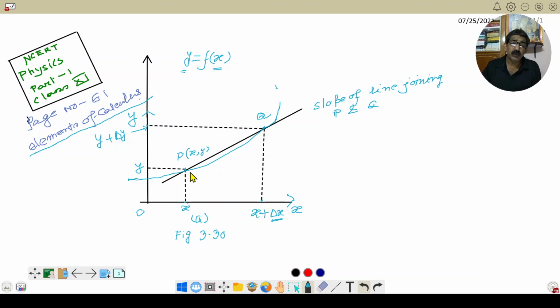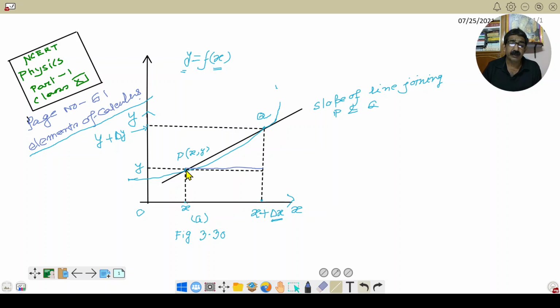If we want to determine the slope of the line joining P and Q, we have to draw two more lines. Those are not given in your book. This is the line, and this line.